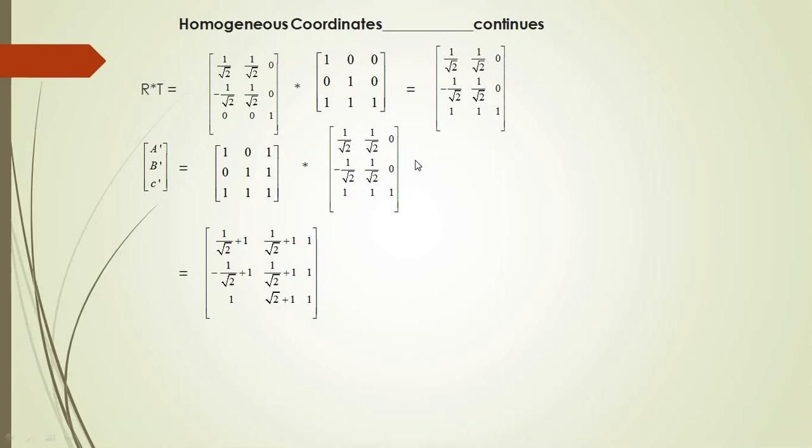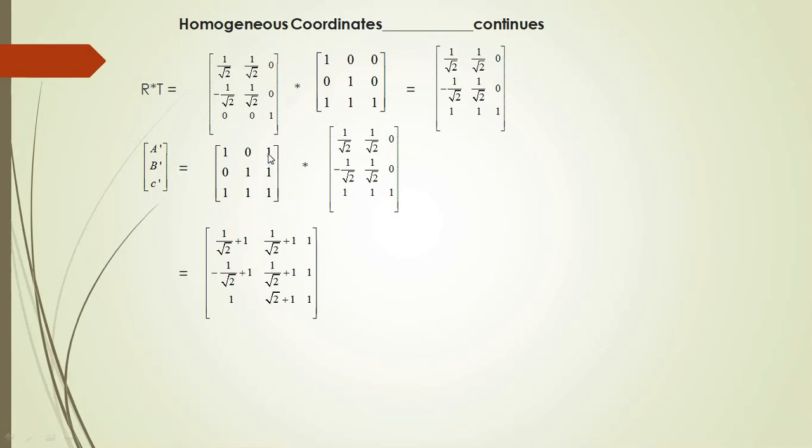And this is our answer matrix, that is the R into T matrix. Okay. So the answer of this column is 1 1 1. So this is our dummy coordinate, that is W.